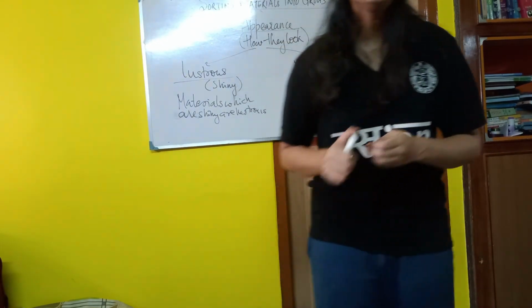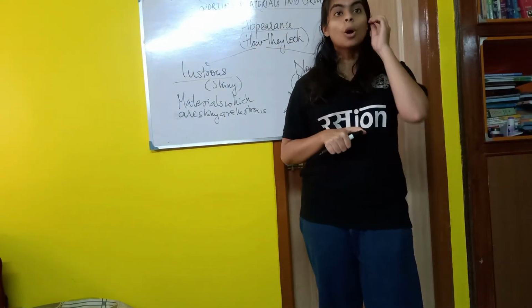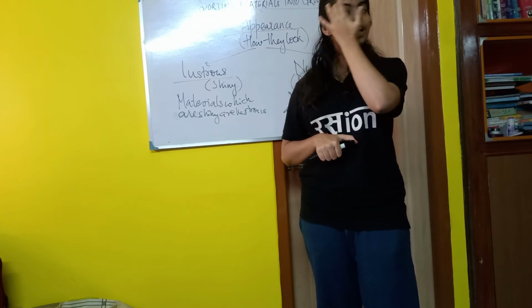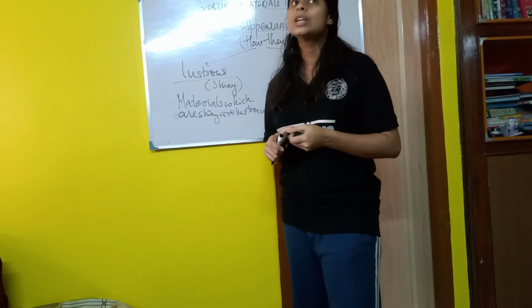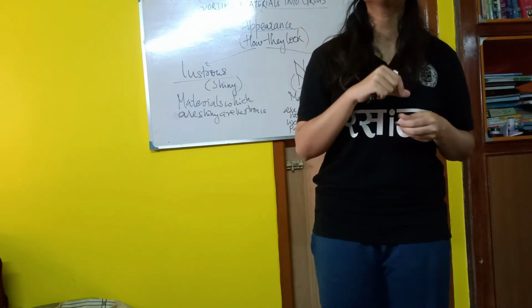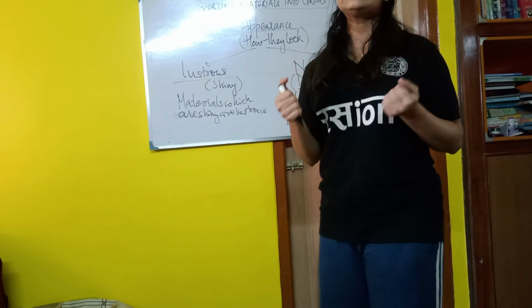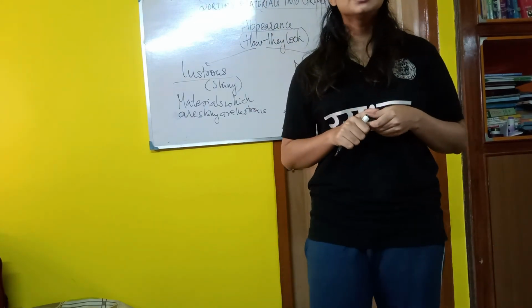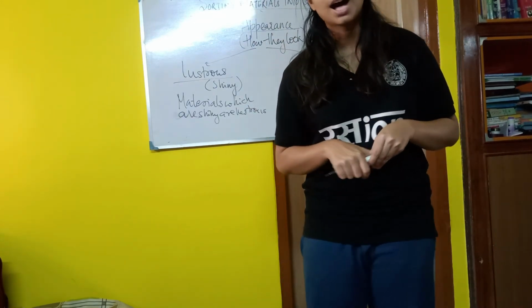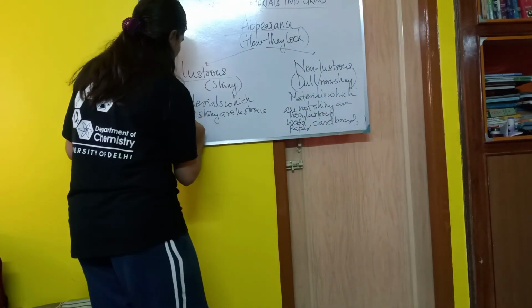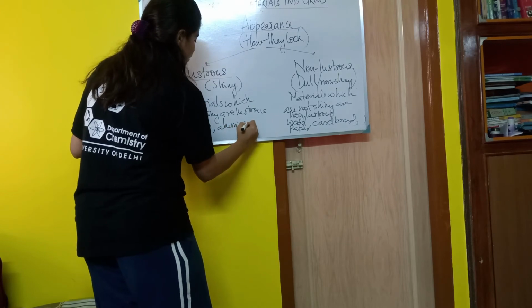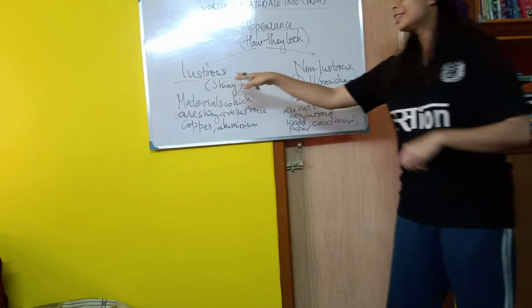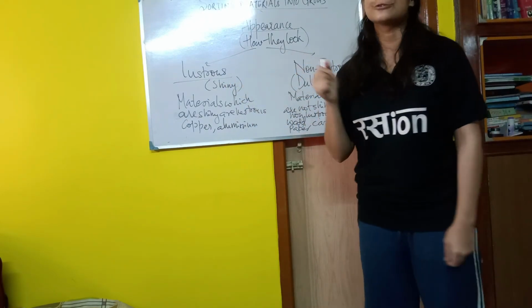Copper wire, aluminium sheet: are they shiny? Copper wire is the wire with the help of which we get electricity. Aluminium sheet, kitchen utensils, steel: are they shiny? Yes, they are shiny. So copper and aluminium are all shiny. So depending on whether they are shiny or not shiny, we can group them.